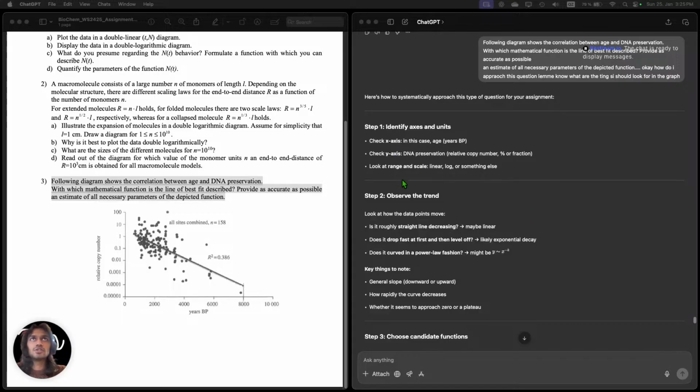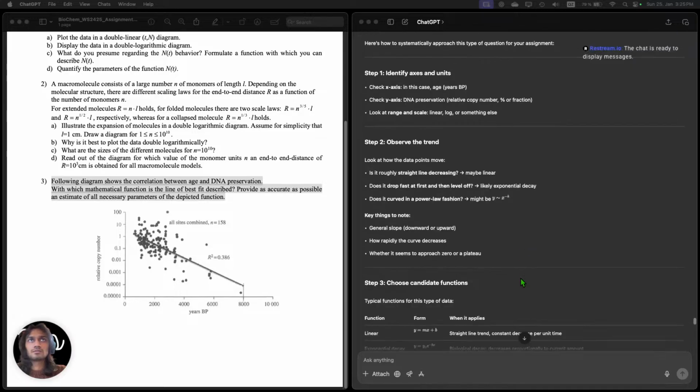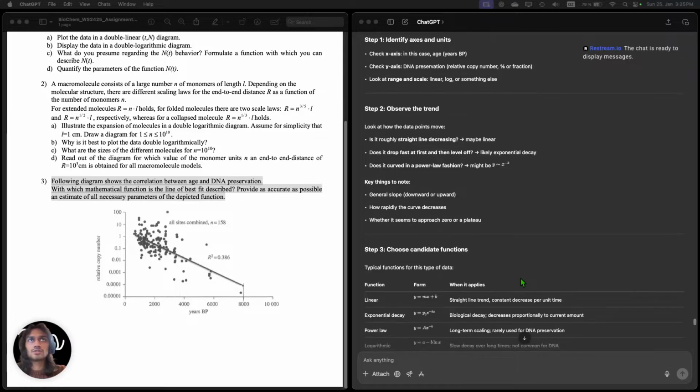Identify the axis units. Look at the range and power scale. Choose candidate functions.